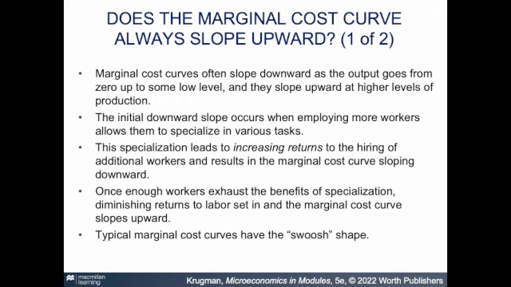The initial downward slope occurs when employing more workers allows them to specialize in various tasks. This specialization leads to increasing returns to the hiring of additional workers and results in the marginal cost curve sloping downward. Once enough workers exhaust the benefits of specialization, diminishing returns to labor set in and the marginal cost curve slopes upward. Typical marginal cost curves have the swoosh shape.